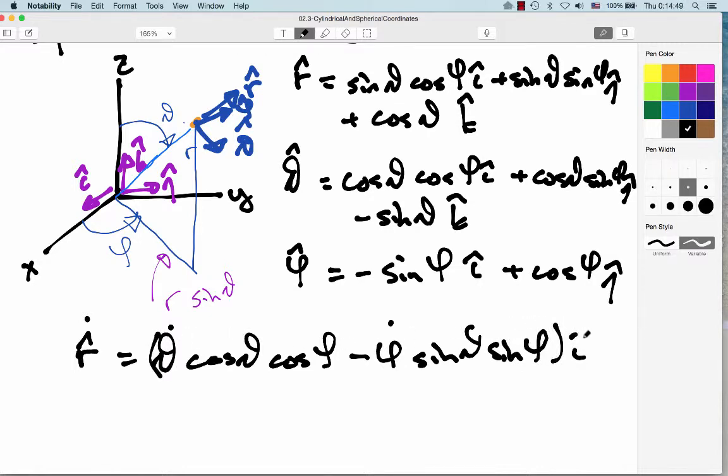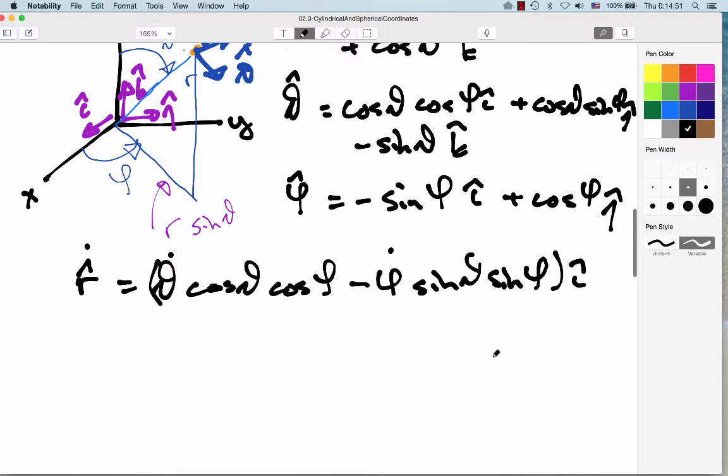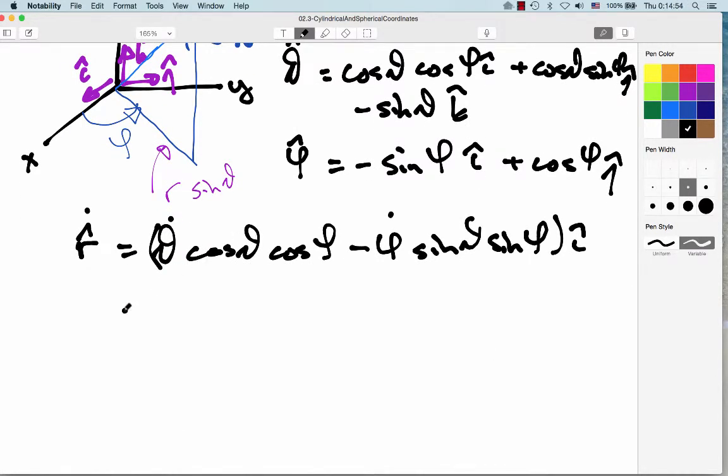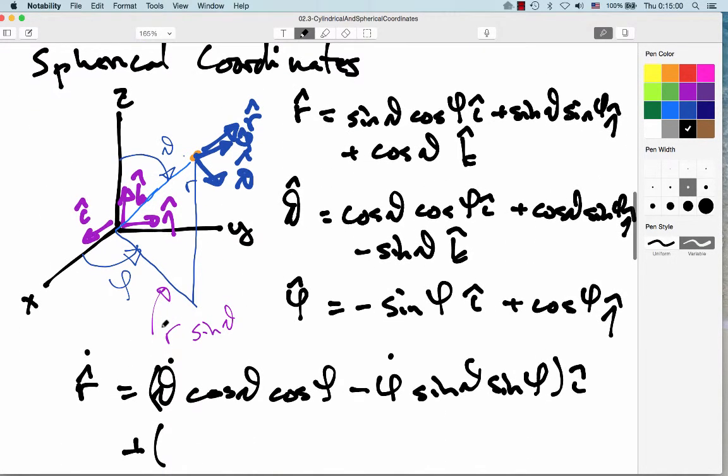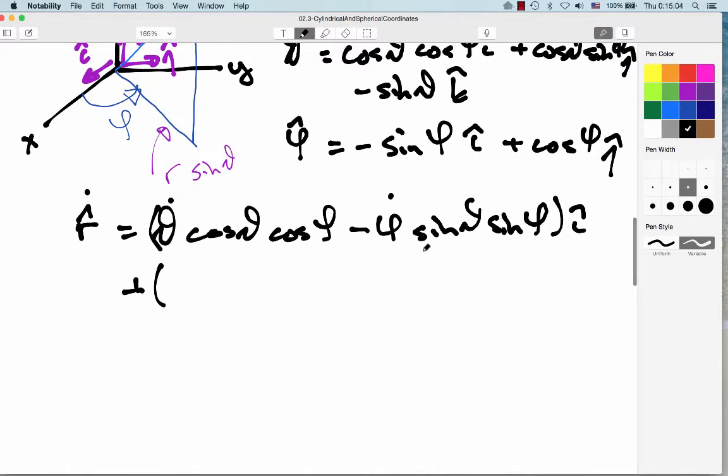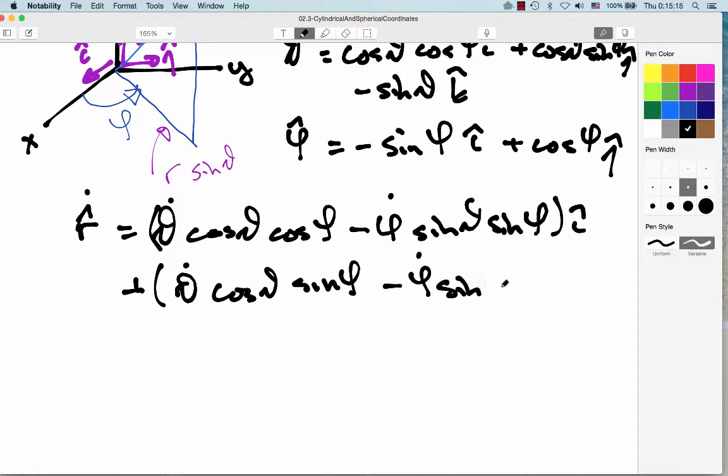That's just the i hat piece. Similarly, we'll get the j hat piece differentiating this. We'll pick up two terms, and those two terms will be theta dot cos theta sine phi minus phi dot sine theta cos phi j hat.